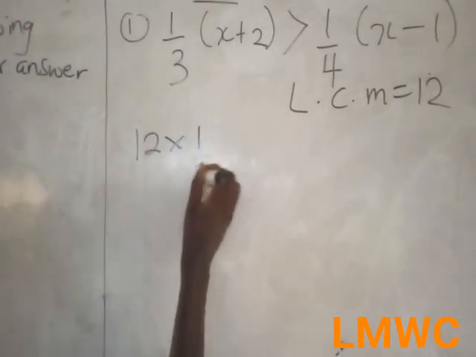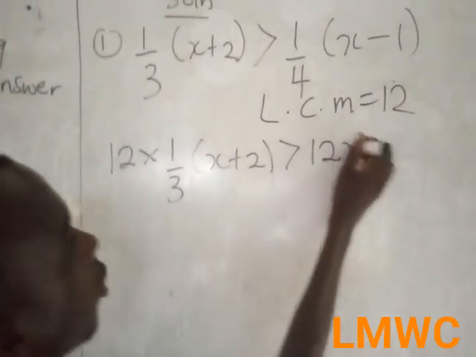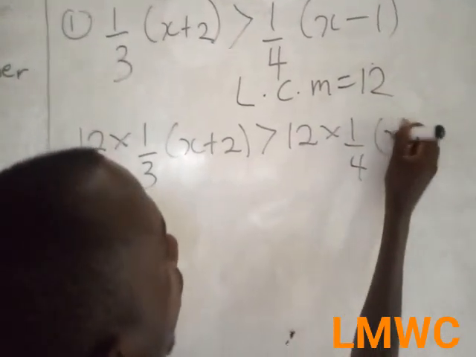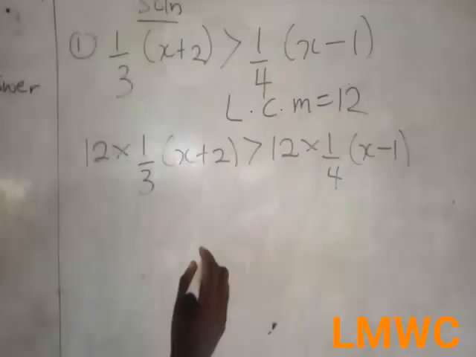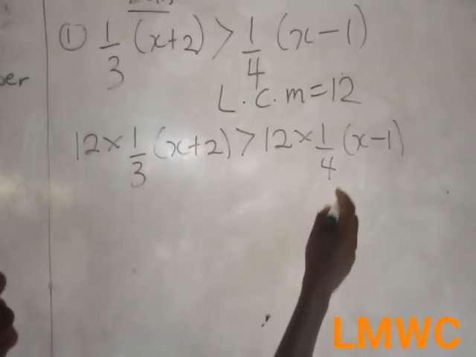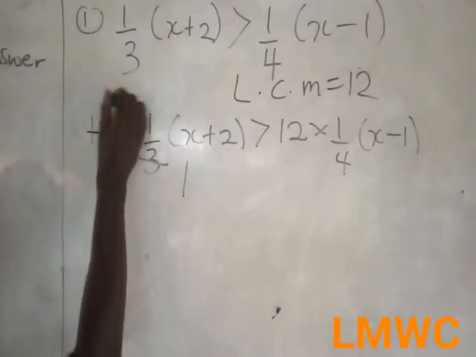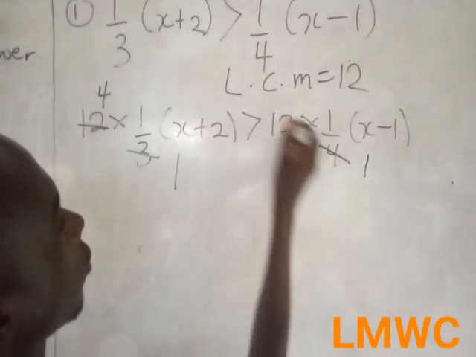So 12 times 1 over 3 (x plus 2) greater than 12 times 1 over 4 (x minus 1). 3 goes here 1, 3 goes here 4. 4 goes here 1, 4 goes here 3.